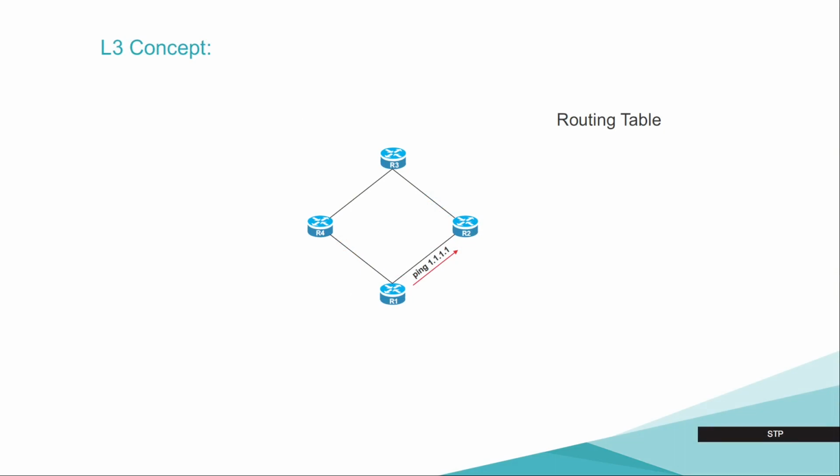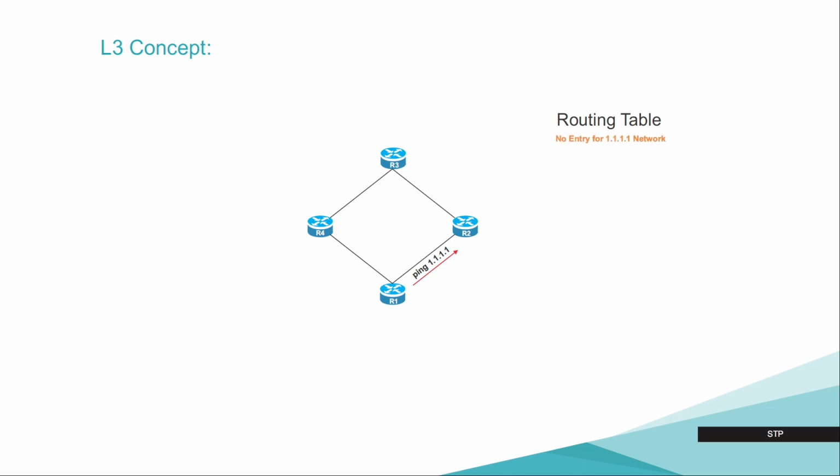So before starting with STP, what about layer 3? What will happen if we have a backup path on layer 3? So let's take a look at our topology here in order to see what will happen. We have R3, R4, R2, and R1. R1 sends a ping to R2 with the destination address 1.1.1.1.